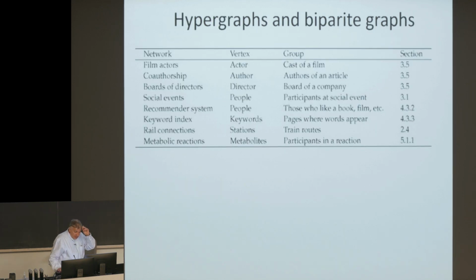Yeah, so now we will talk about hypergraphs and bipartite graphs. For example, you can imagine the network of actors, but not in terms of their personal friendships, but whether they were participating in the same movie. And then you can link actors by a link. But of course, this link will be not really a link, because it will involve many actors simultaneously.